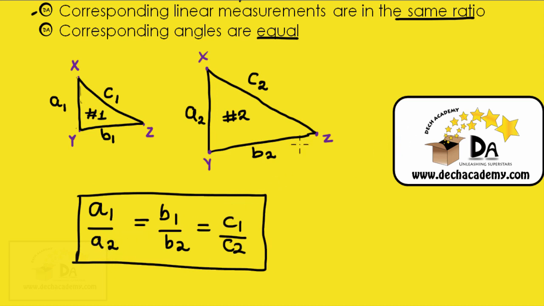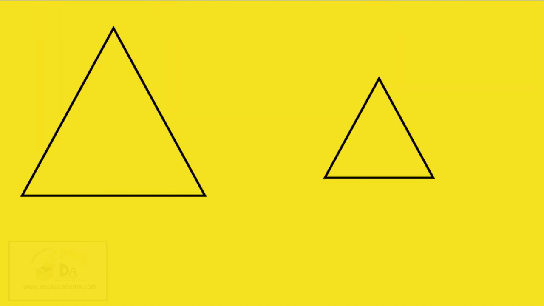So I'll just give you an example with real numbers. Here you see a triangle and another triangle. You can see that they have the same orientation. I'll label the vertices. Call this X, this vertex Y, this vertex Z. Same here, X, Y, and Z. So it's fair to say that side XY in this triangle and side XY in the second triangle are corresponding sides.